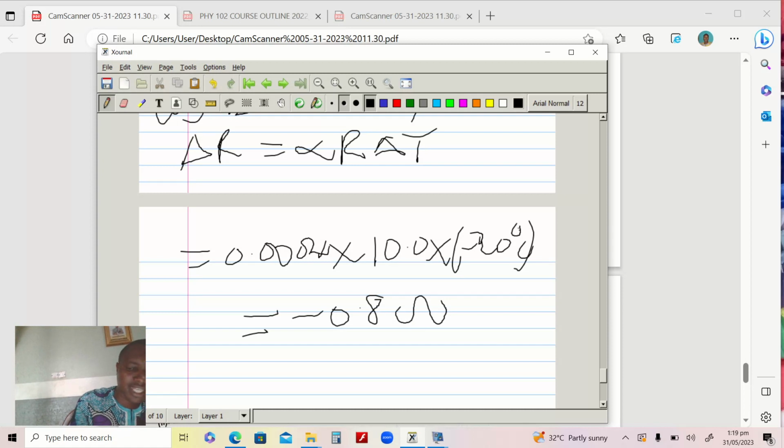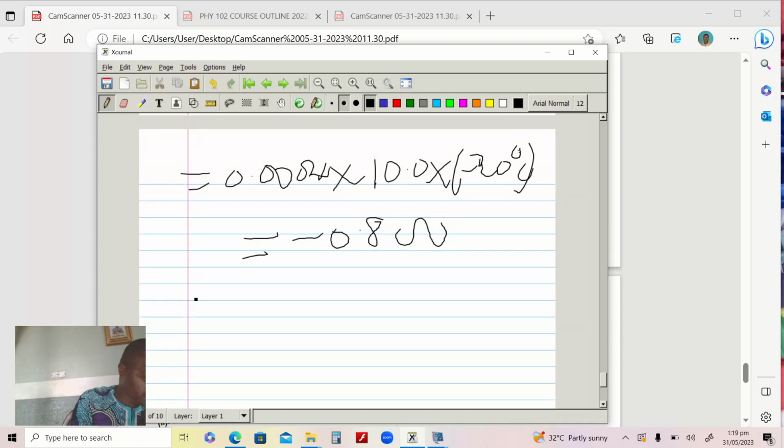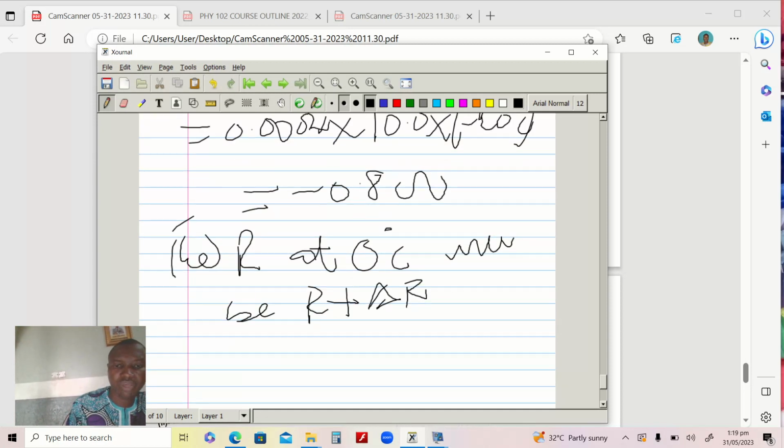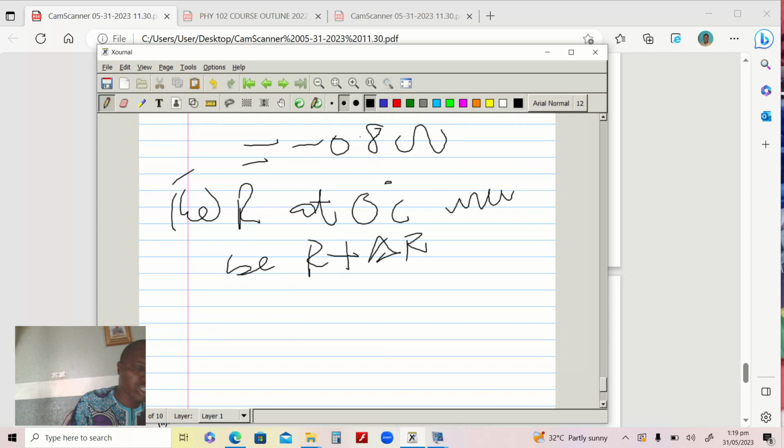So the resistance now, the R at minus 20 degrees, will be R plus delta R, which is 10.0 ohms plus, in brackets, minus 0.8.